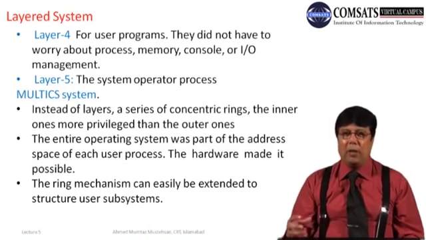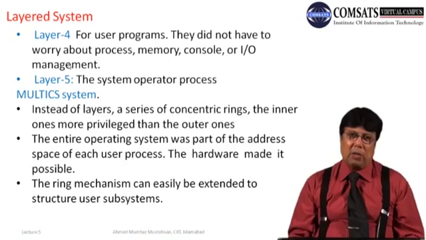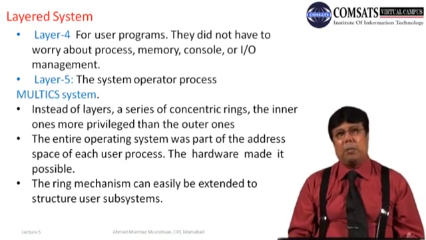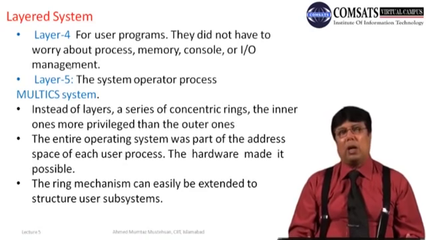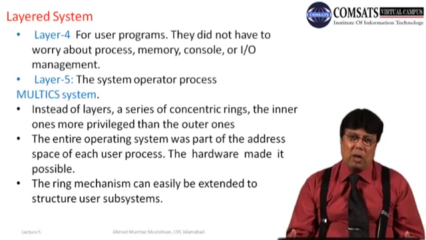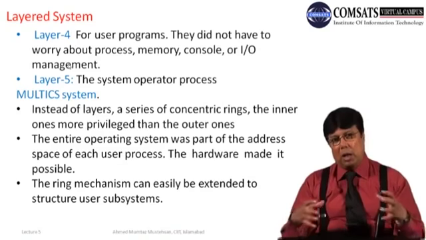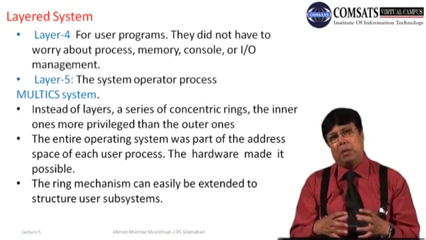So whenever any ring is required to request a service from the inner ring, it's a privileged job. So basically a trap occurs, meaning the intervention of the operating system is required, so that security is implemented, so that the outer ring does not intervene with the privilege, because जितना inner ring है उतना ज़्यादा highly privileged है.